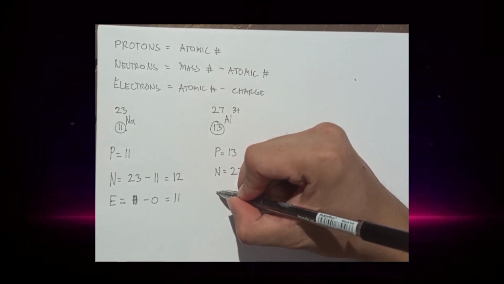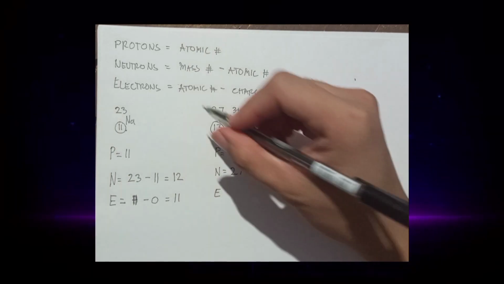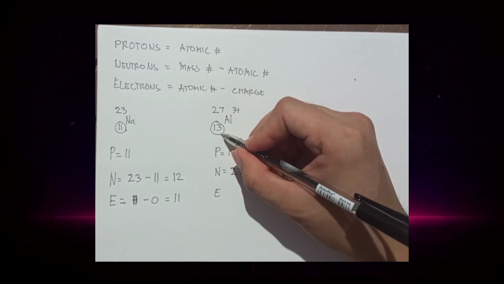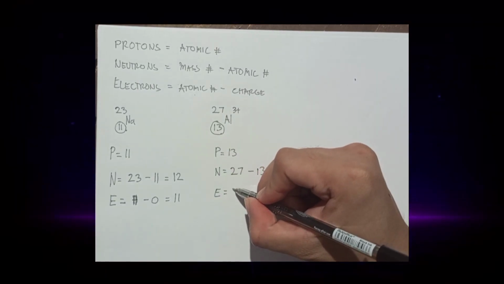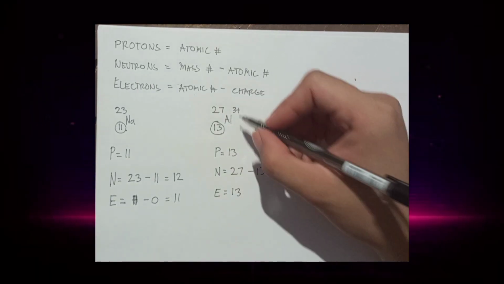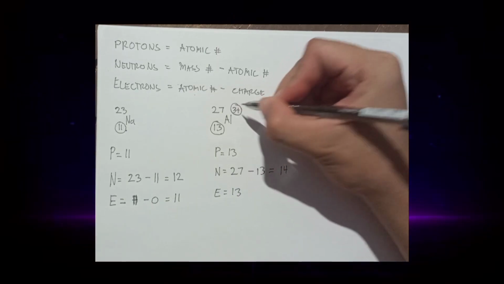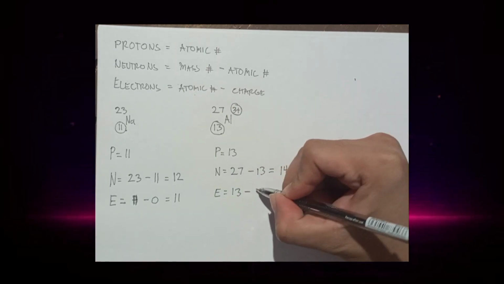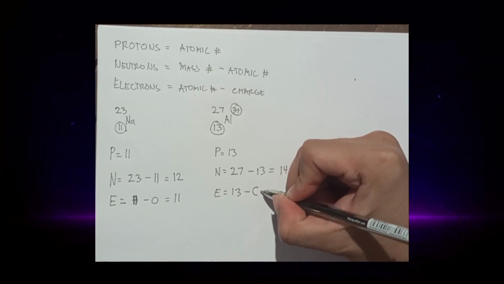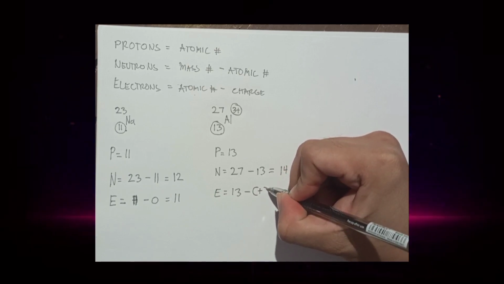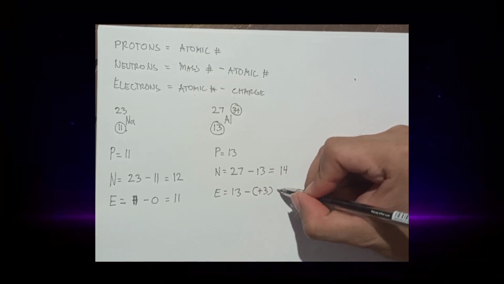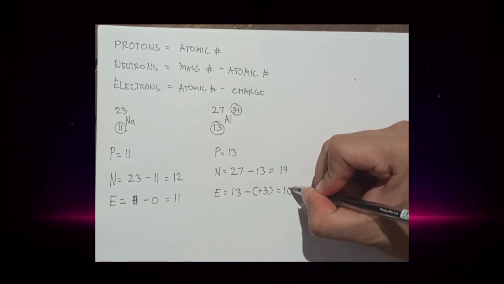Now to get the electrons, we will identify the atomic number and the charge of the species. So the atomic number is 13 minus the positive charge, which is 3. 13 minus positive 3 is equal to 10.